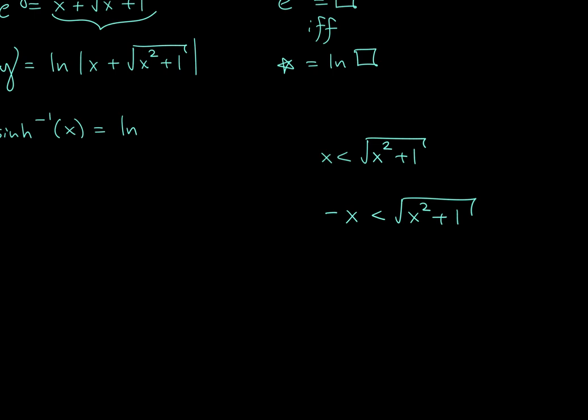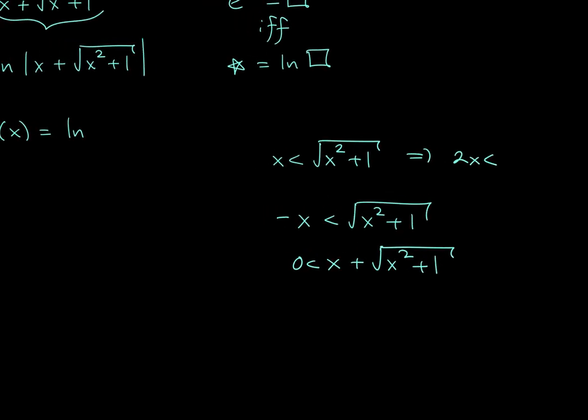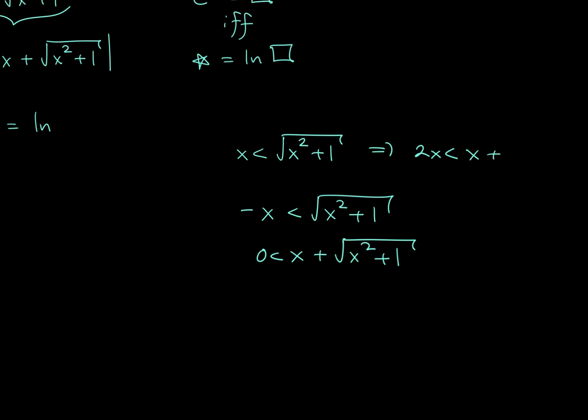Huh. Okay, so adding x to both sides in this case gives me exactly what I want. But adding x to both sides in this case gives me 2x is less than x plus square root of x squared plus 1.